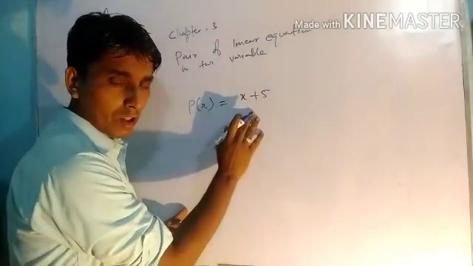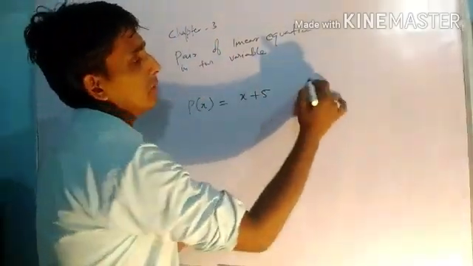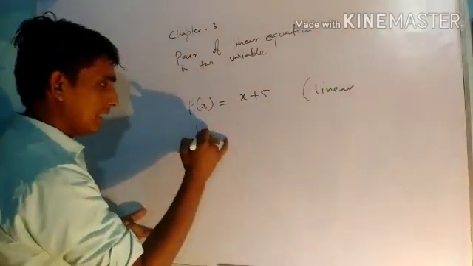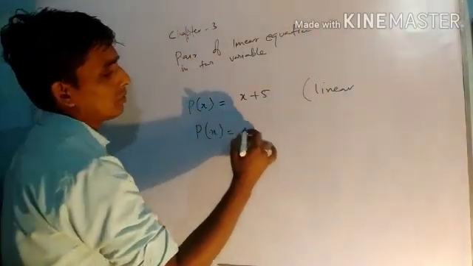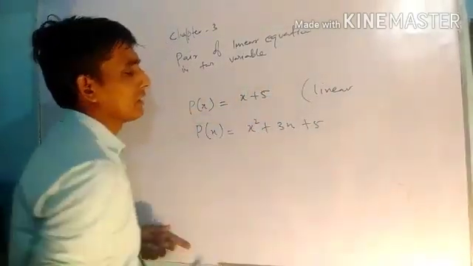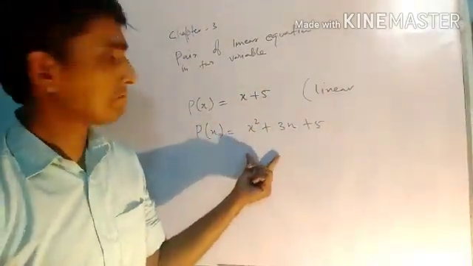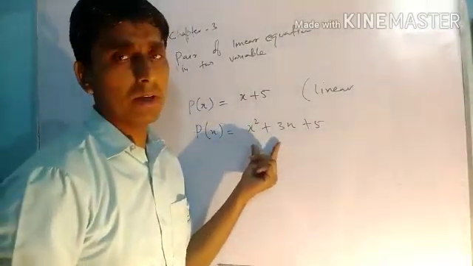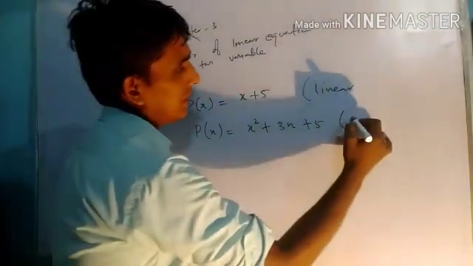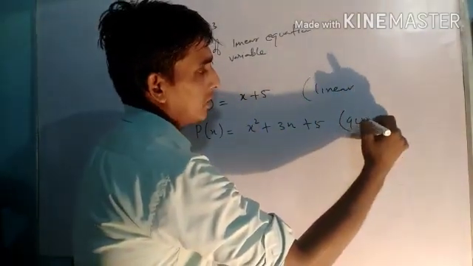So the degree of the polynomial is 1, therefore it is a linear polynomial. Which type of polynomial is it? Linear polynomial. Similarly, if I write p(x) = x² + 3x + 5, this is a polynomial having power 2, so it is a quadratic polynomial.